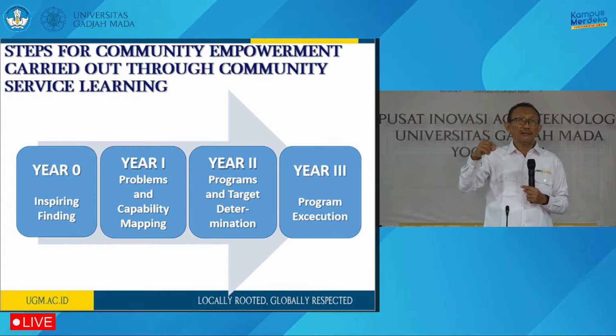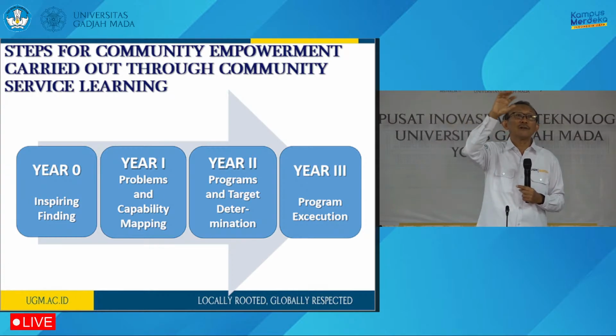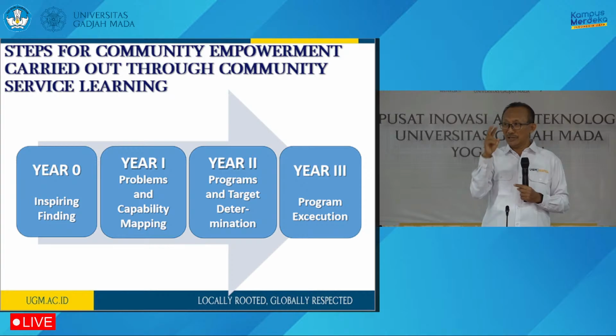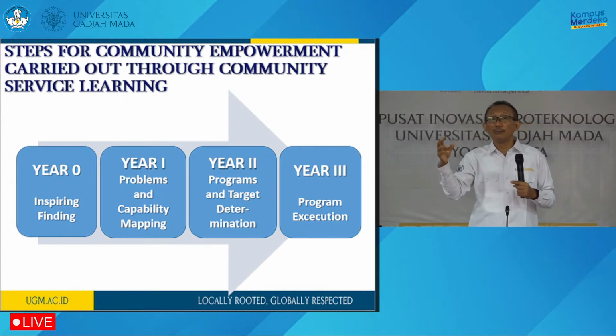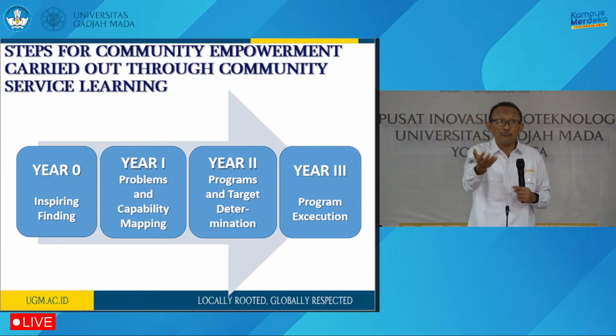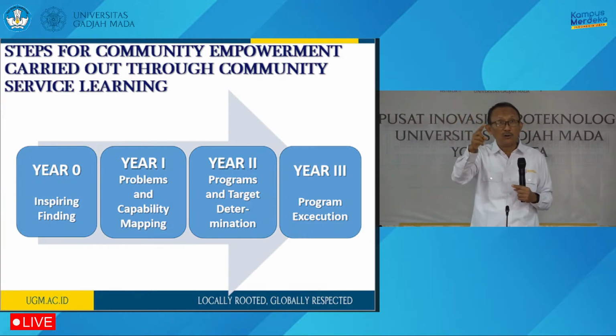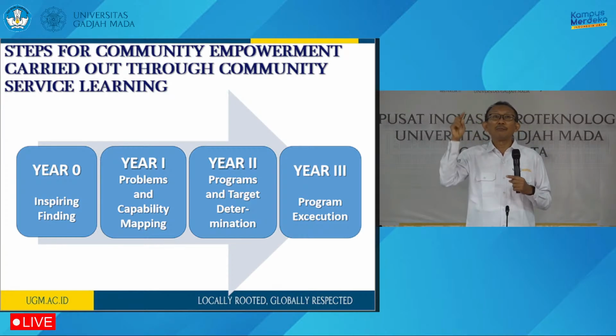Next year, the same professor will come with them, but different students come, the second batch. What they have to do is just talk to the people. If you have this kind of problem, you have this kind of potential, if we solve your problem this way, do you agree? Because the people are the owners of the problem, and the owners of the potential.